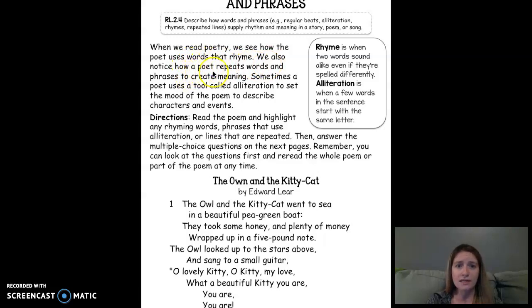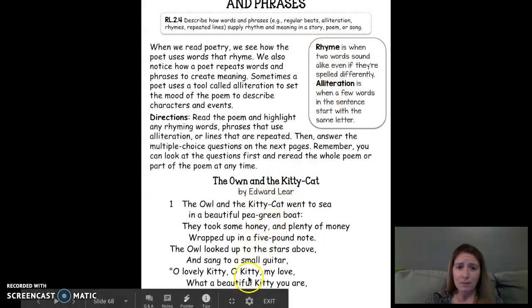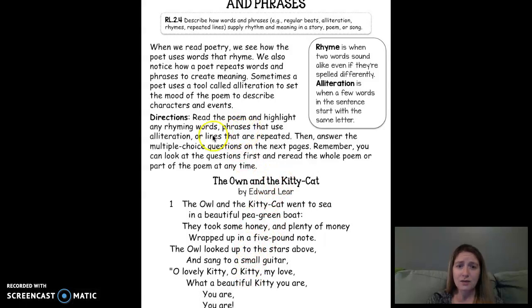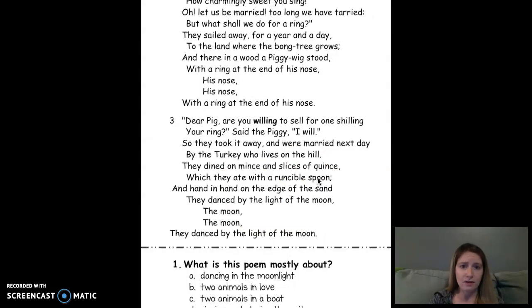We also notice how a poet repeats words and phrases, and sometimes a poet uses alliteration. So again, here is our rhyme and alliteration. So you're going to read the poem and maybe circle any words that rhyme or any alliteration or anything that's repeated. Then you're going to do the questions on the next page. So you might want to look at those questions first and then read the poem.